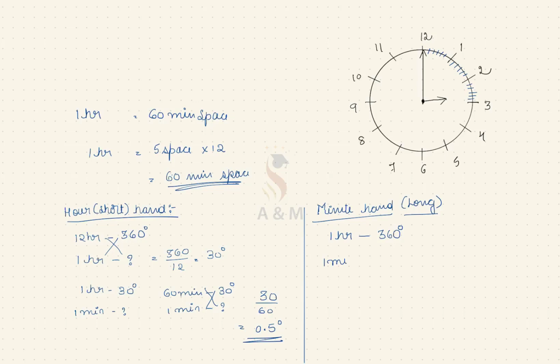So you want minute, right? 1 minute how much? Correct. That is nothing but 60 minutes. 1 hour means 60 minutes. 60 minutes means 360 degree. Okay. 1 minute means how much? That is 360 by 60, that is 6 degree.